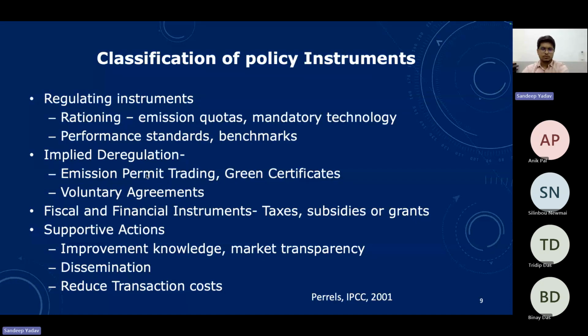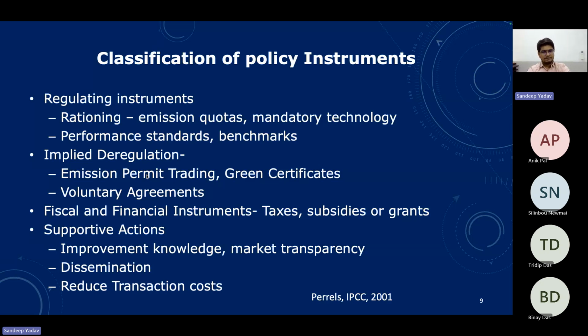Classification of the policy instruments. Policy instruments are classified majorly into four types. First is the regulating instruments, rationing or the performance standards, or we can say benchmarks. Second is the implied deregulation that will be applied from emission permit trading, green certificates, or voluntary agreements.